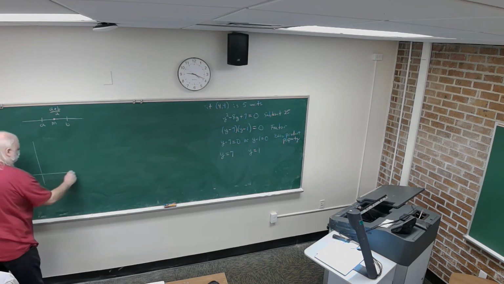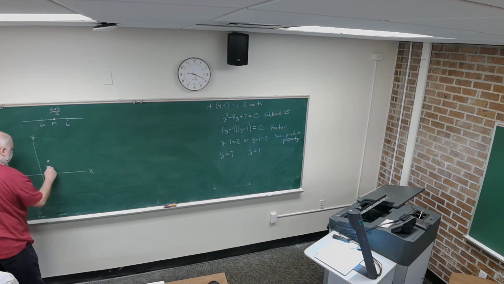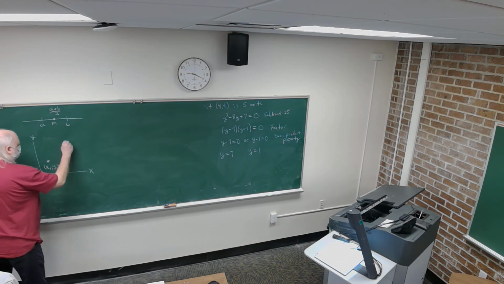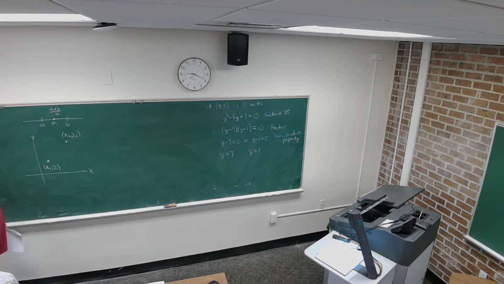So here's my coordinate plane. Here's the point (x1, y1). Here's the point (x2, y2). Those are the coordinates of the 2 points.